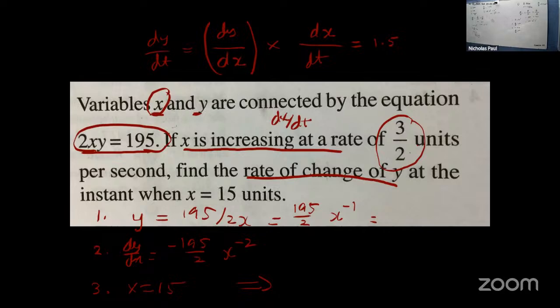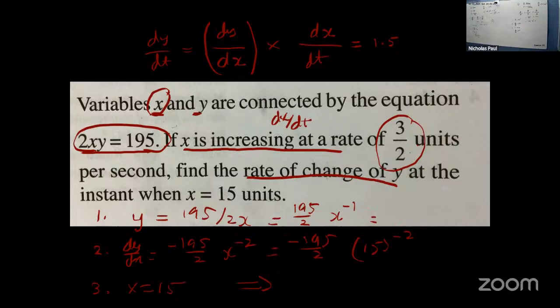Minus 195 over 12, just plug it in just like that. Plug in 15. You can just put it in just like that. Minus 13.2.